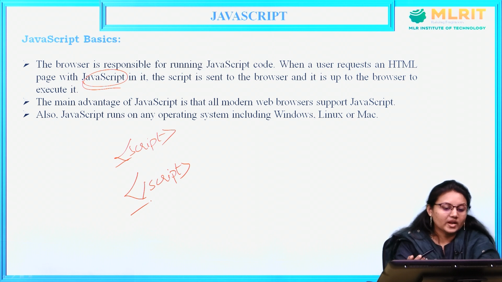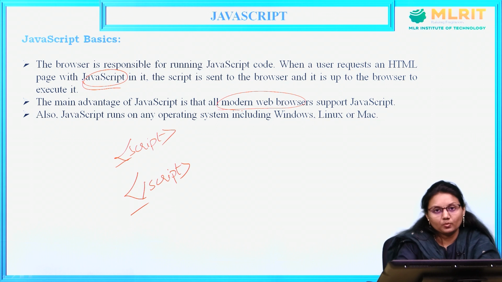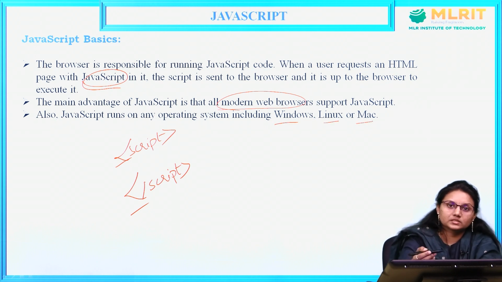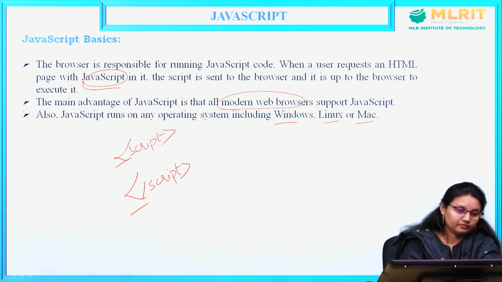The main advantage is that all modern web browsers support JavaScript. Whatever the web browser, JavaScript is supported. It runs on operating systems like Windows, Linux and Mac, so it is usable in all of them. That provides robustness and availability. These are the features of JavaScript.